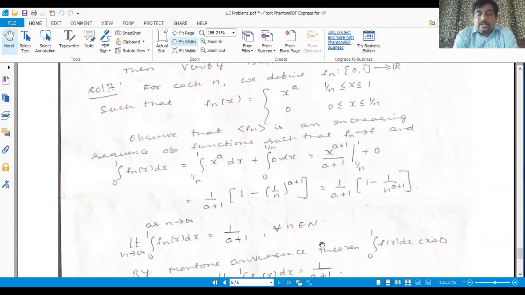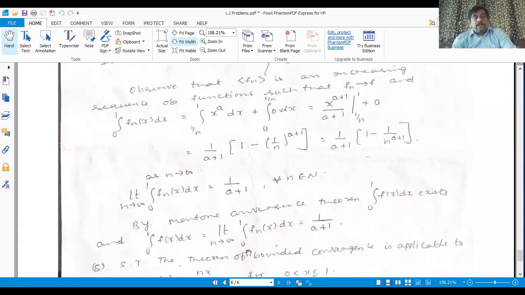Then, because of the Beppo Levi theorem, we can say that the limit as n tends to infinity of the integral from 0 to 1 of fn(x) dx is, since 1/infinity becomes 0, equal to 1/(a+1).